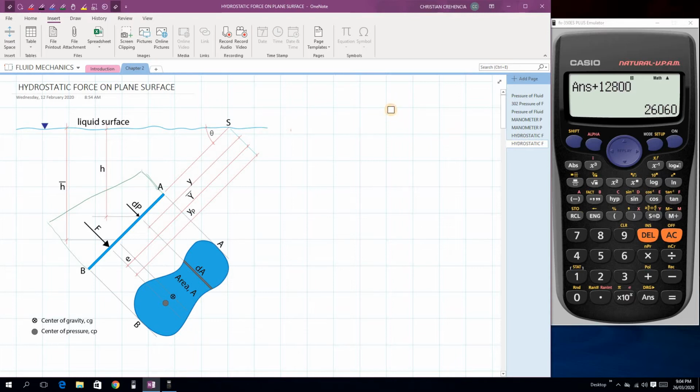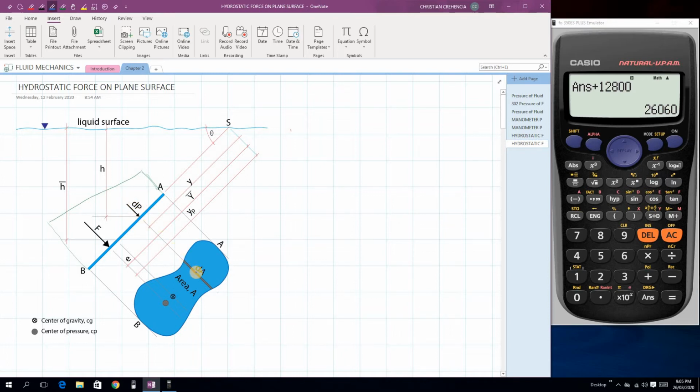Okay, consider natin tong differential area natin dito. Meron tayong differential strip. Let's say, consider yung differential area. Then, within that area, meron tayong differential pressure.